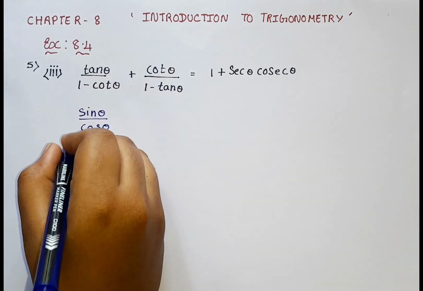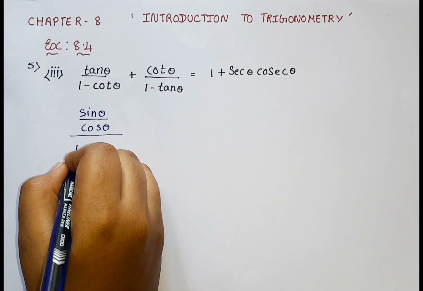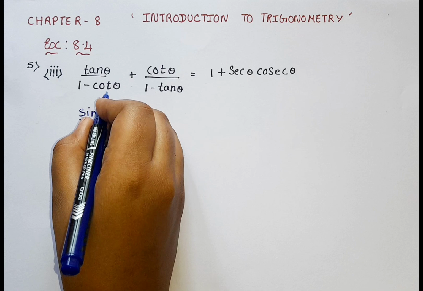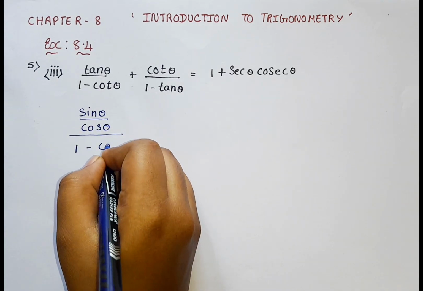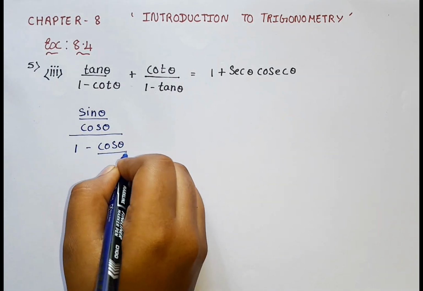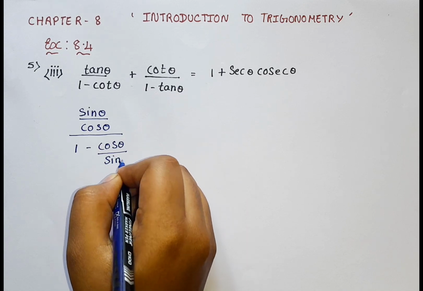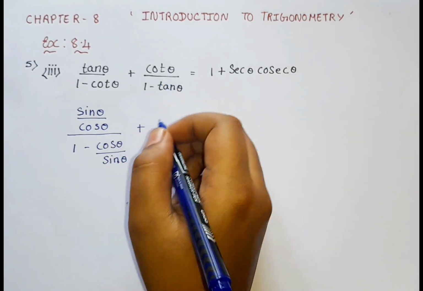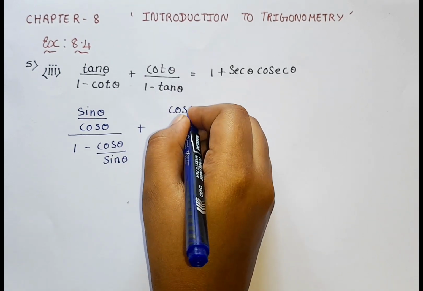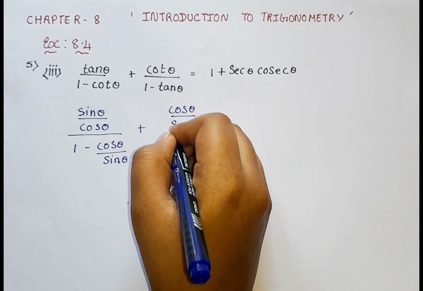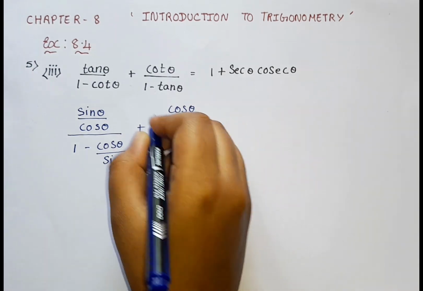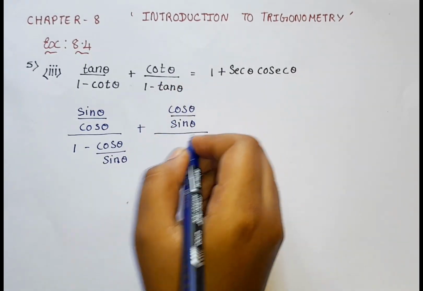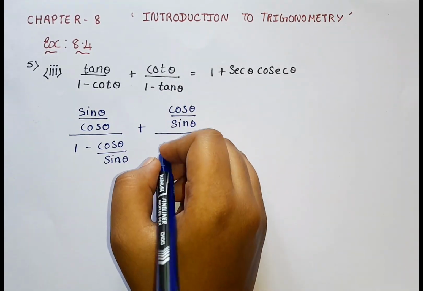So tan theta we wrote, and divided by 1 minus cot theta. The cot theta formula is cos theta divided by sin theta, and then plus cot theta. The cot theta formula is cos theta divided by sin theta, and then divided by 1 minus tan theta.